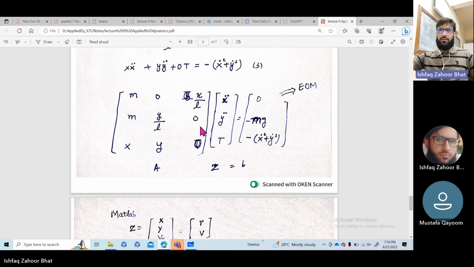So in structures you will be seeing these equations most of the time. You will see what is known as the stiffness matrix. You will get a lot of equations like this when you are doing structures.